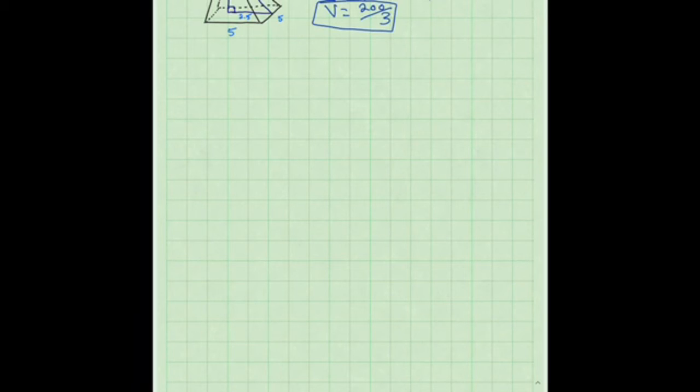So the area of the base we already established is 25 plus, and since there's 4 sides to a square, it's 4 times whatever the area of one of the triangles is, and we'll call that A. To find the area of one of the triangles, we know it's 1/2 base times height. You might think, oh, that's pretty straightforward, but actually the height is not 8, because 8 is the height of the pyramid, not the height of one of the triangular faces.